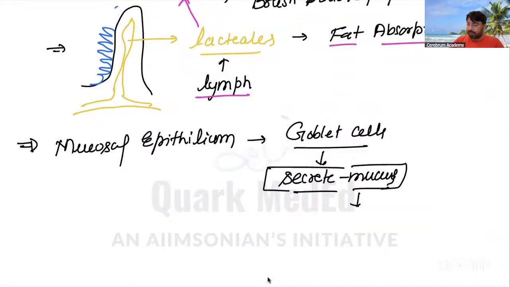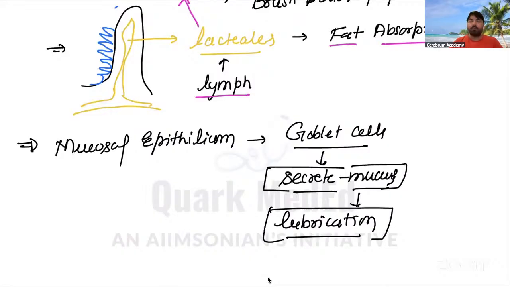This mucus helps in lubrication. And you know why this is needed? So that food will be pushed easily through the intestine because of this mucus. The intestine will become smooth and food will be pushed.